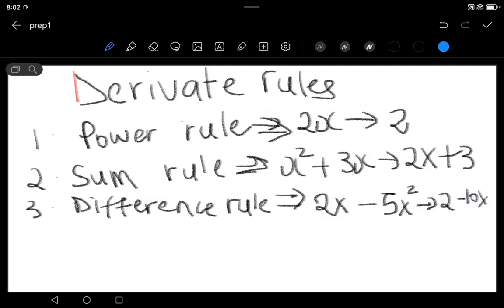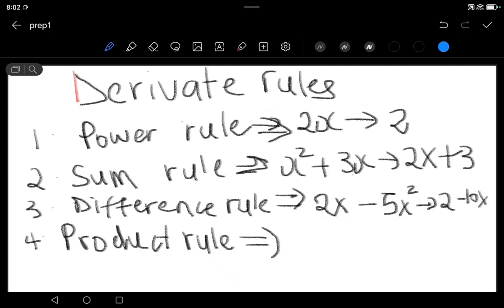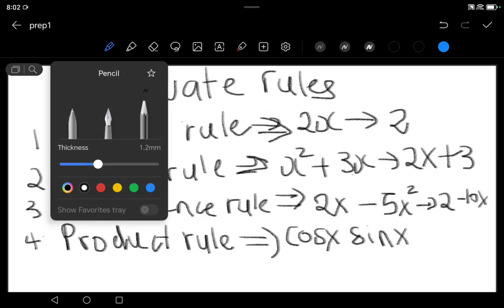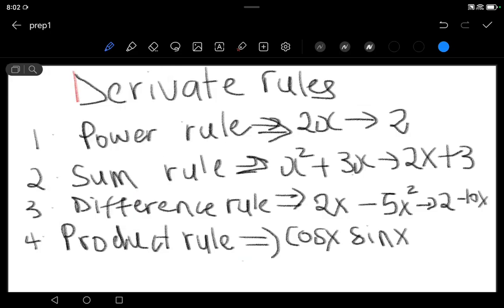And then also we have the product rule. Let's say we have cos x and sine x. When we're talking about the product rule, we copy and then we derivate.